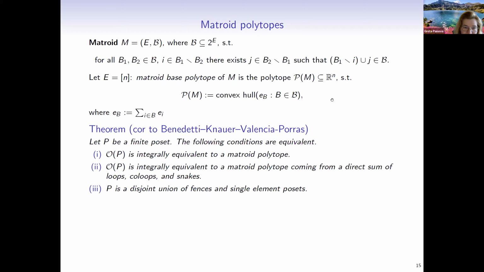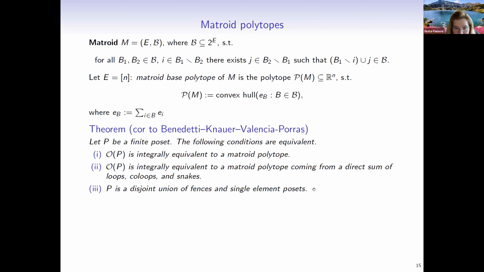So we can ask the natural question: when is an order polytope, associated to a poset, also a matroid base polytope? It turns out that this only happens when the poset is a disjoint union of fences and single element posets.